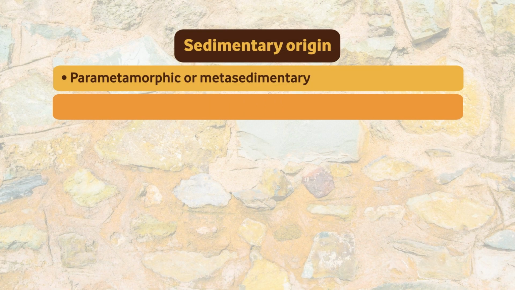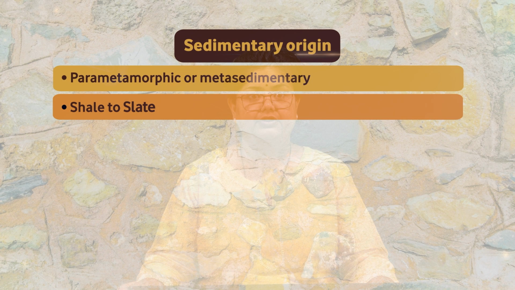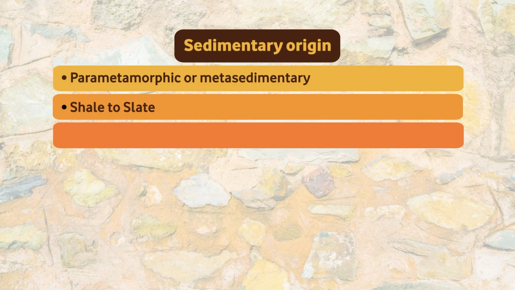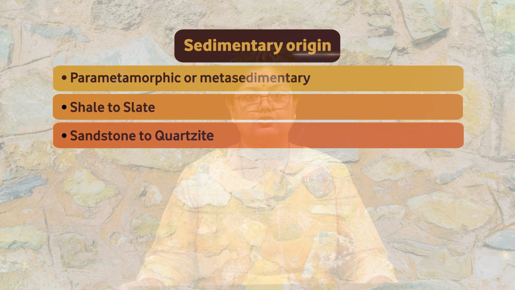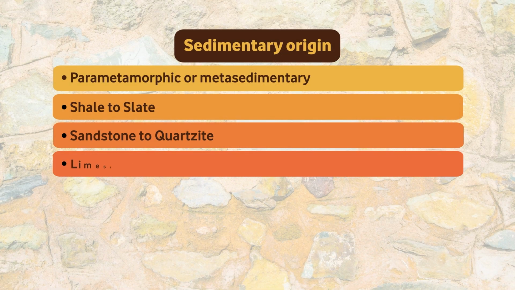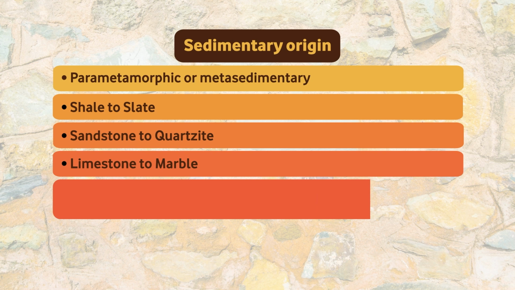For instance, conversion of shale to slate, sandstone to quartzite, limestone to marble, these are all conversions resulting from sedimentary rocks. Shale, sandstone, limestone, these are sedimentary rocks, and the metamorphic rocks resulting out of them are slate, quartzite and marble.